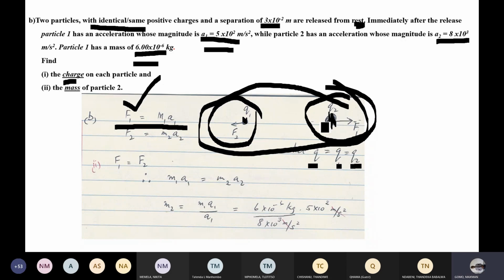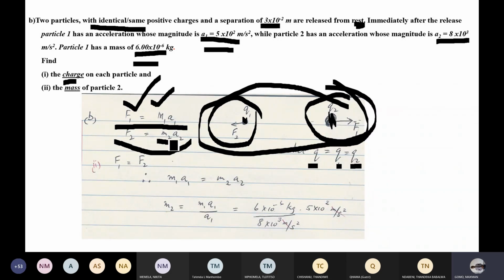But remember, these two things are identical and they are repelling each other. After they were released, they started to repel each other, since they all have the same positive charge. So what it means is that F1 is going to be equal to F2. So you are going to equate whatever value you get for F1 to whatever you get when calculating F2.